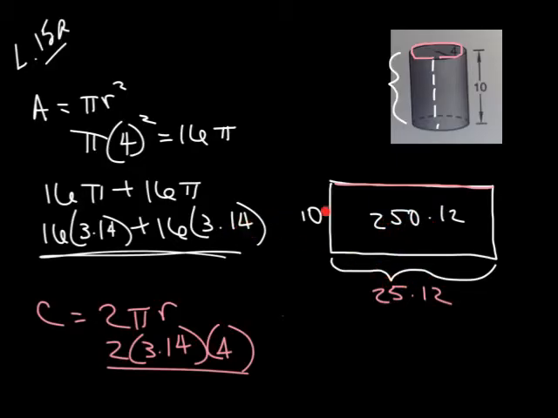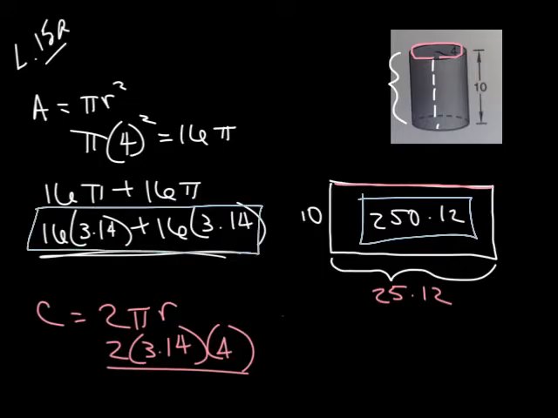I estimated it differently, but it's okay. As long as everything's done right, you can be a little bit off on this, and it all just has to do with what you did with pi. I accidentally pushed, I think, the pi key on my calculator instead of taking 3.14. Alright, so that is the area of the vertical part.